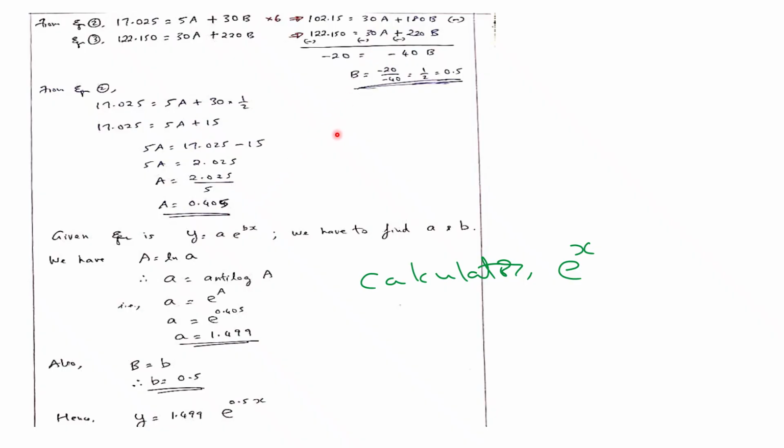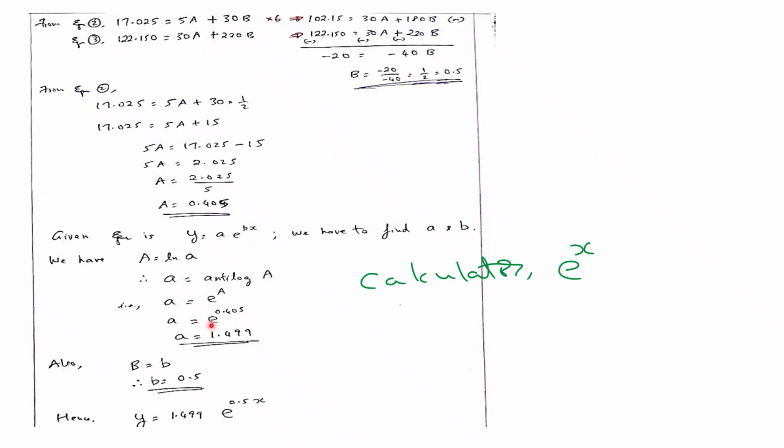But you see, we are given the equation y is equal to a into e to the power bx, where small a and small b are in this equation. Okay, but we have already obtained the relation between capital A and small a. We found that capital A is equal to log a, correct? So a, if you want, is the anti-log of A, or a is equal to e to the power A. This also you should remember.